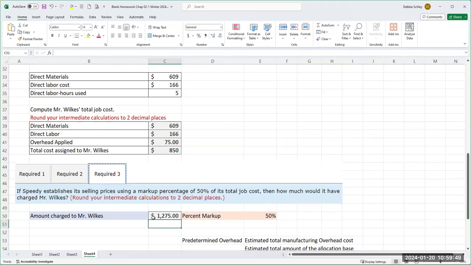So we would charge him $1,275 so that our company makes some money, right? Yeah, I'm just going to leave it at that. So that is question 4.